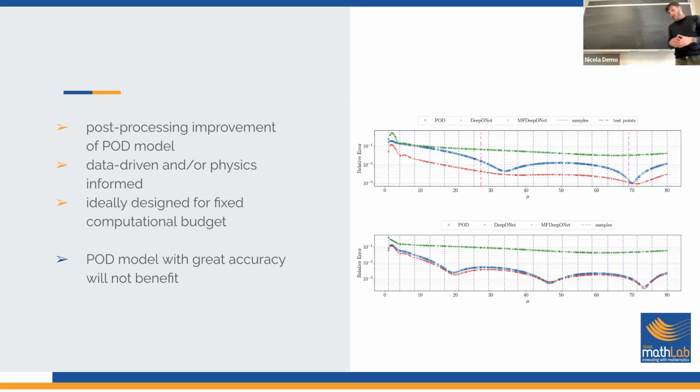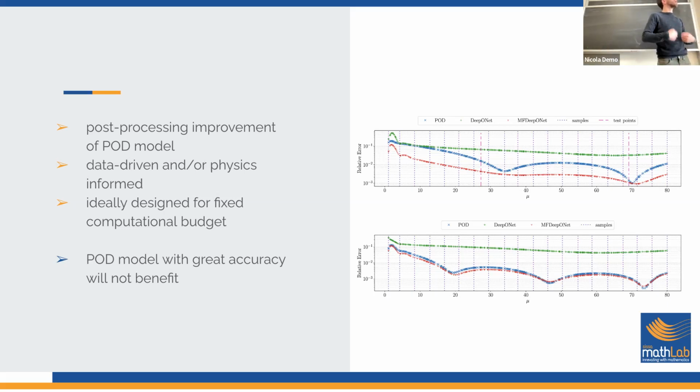Of course, if you can do as many snapshots as you want, probably this method is not very useful for you. Because if you can go with a very, very accurate POD model, as you can see from these two plots, the red line is not able to improve much more. Here, POD is not that good, so we get an improvement in all the domain.